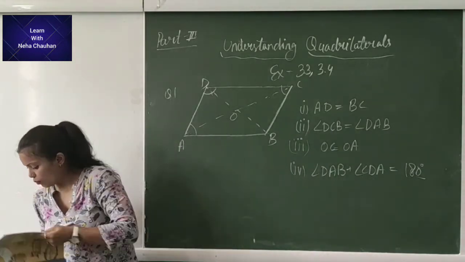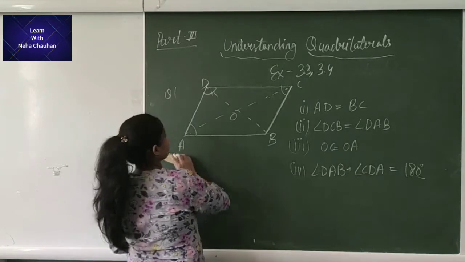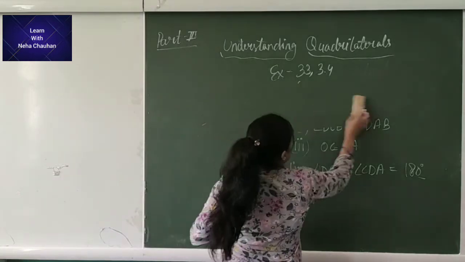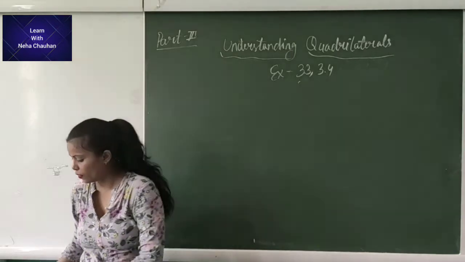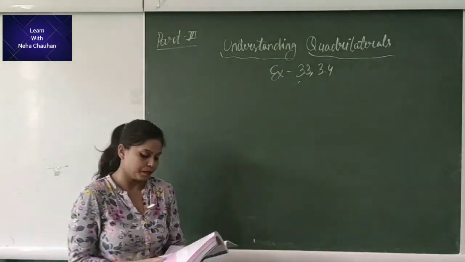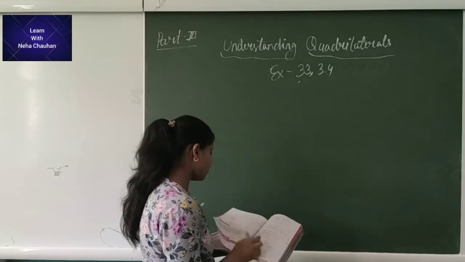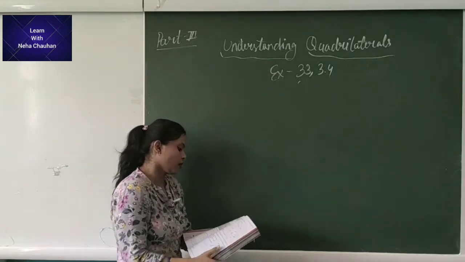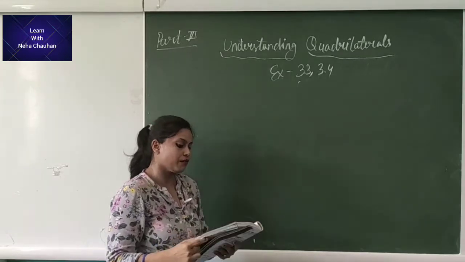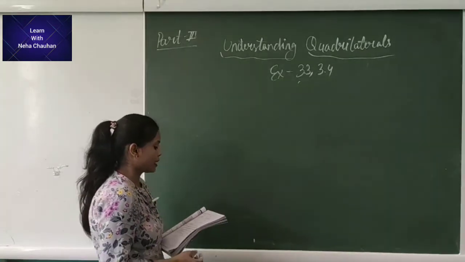What is the question number 2? Question number 2 says, consider the following parallelogram, find the values of unknown x, y and z.